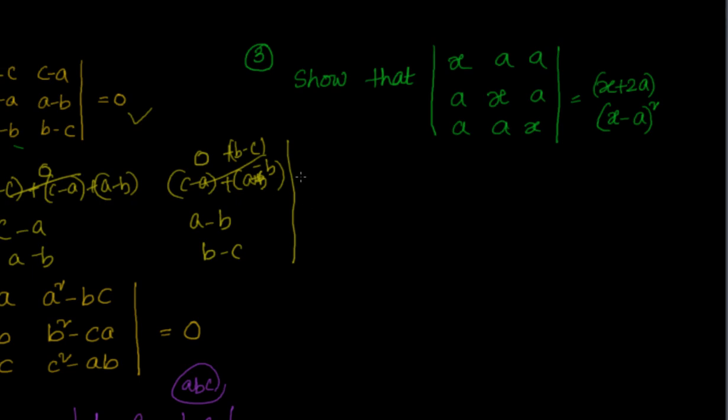Now what we have to do, we have to show that the determinant of this is nothing but equal to x plus 2a into x minus a whole square.